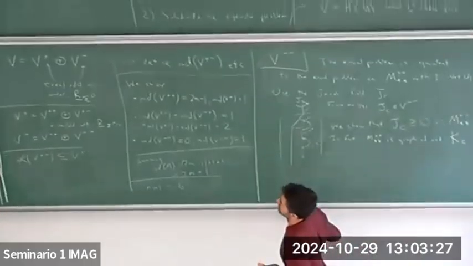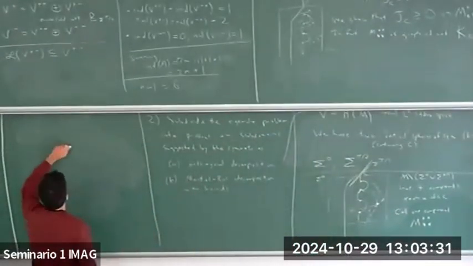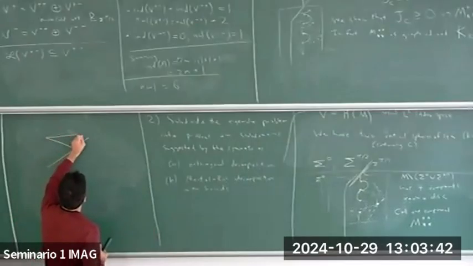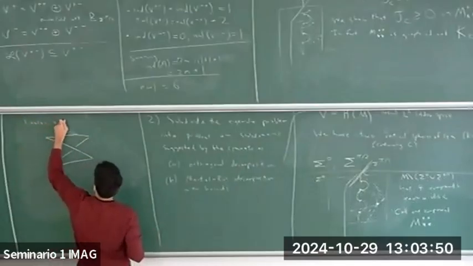So let's look at the Lawson disk actually. So this is the Lawson quadrilateral.